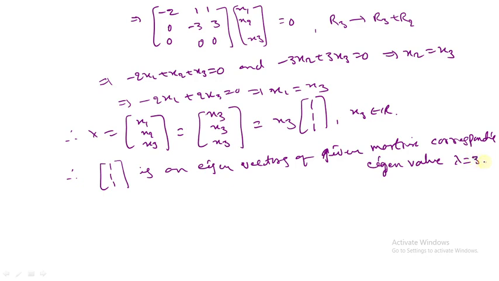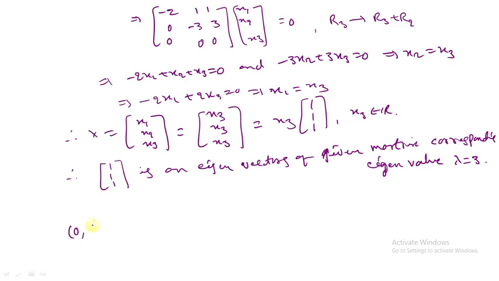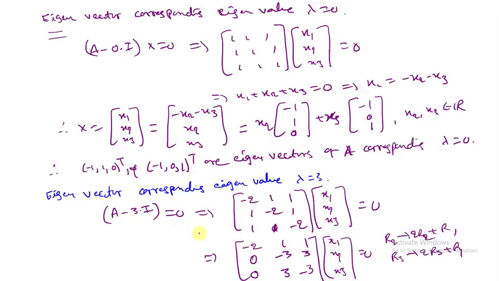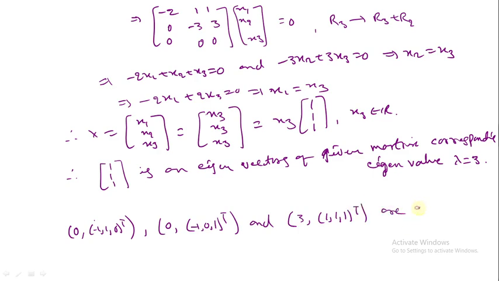Now the eigenpairs are 0 comma minus 1 1 0 transpose, 0 comma minus 1 0 1 transpose, and 3 comma 1 1 1 transpose.